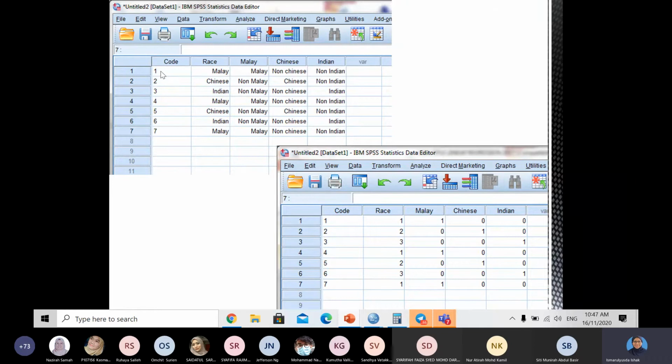Okay, subject 1, race Malay. When your subject is Malay, this is Malay 1, and 0 for Chinese and Indian. For Chinese, this is 0, 1 and 0.